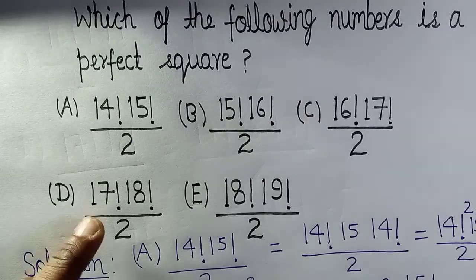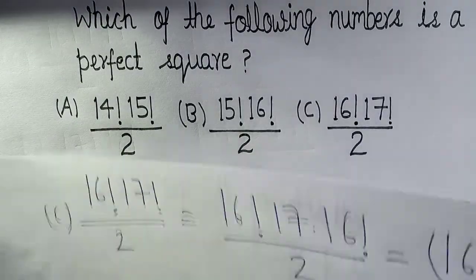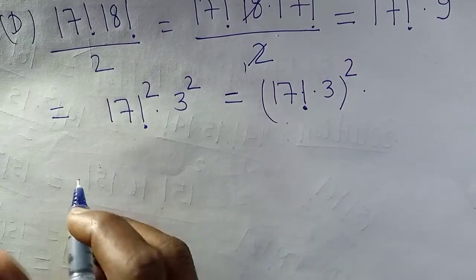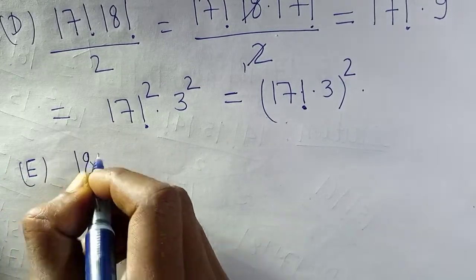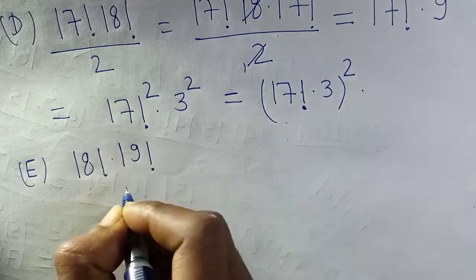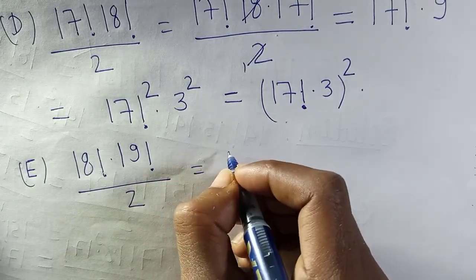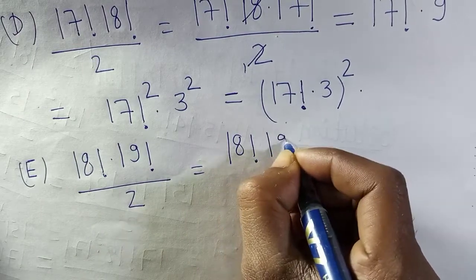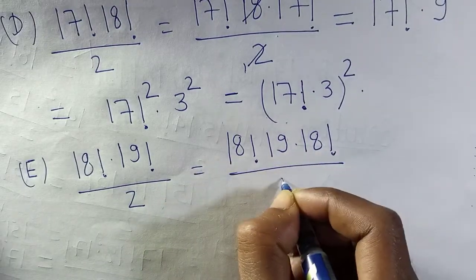Similarly, we can write option E as factorial 18 times factorial 19 all over 2, and this will be equal to factorial 18 times 19 times factorial 18 all over 2.